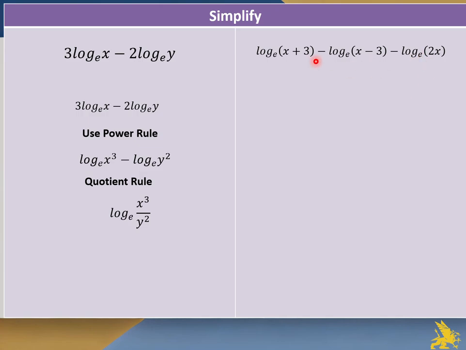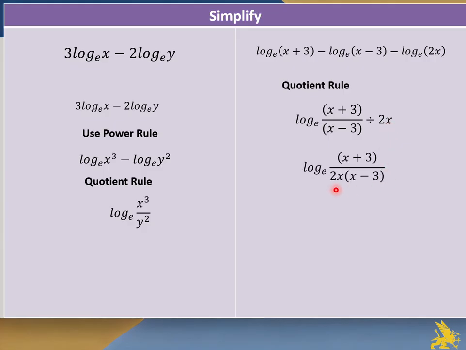So that'll be x plus 3 over x minus 3 divided by 2x. I've done it like this because then this 2x, I need to think about the rule keep, change, flip. So divided by 2x will be times 1 over 2x, which is why the 2x is down here. I can't simplify it, so I will leave it in this form.